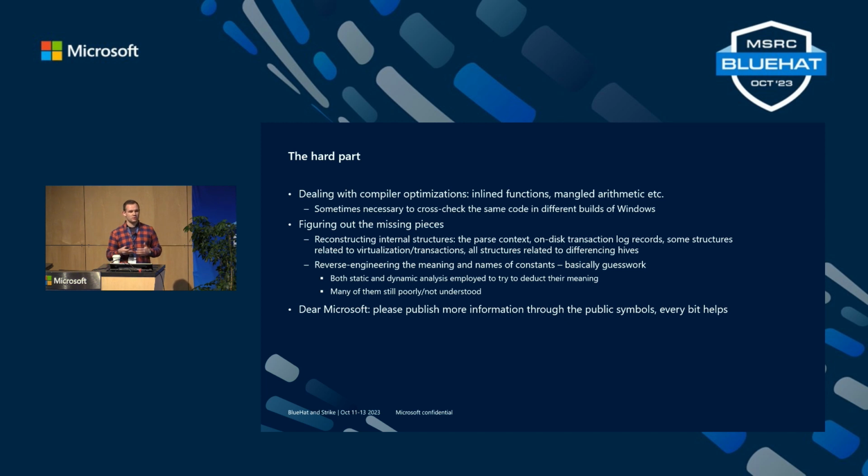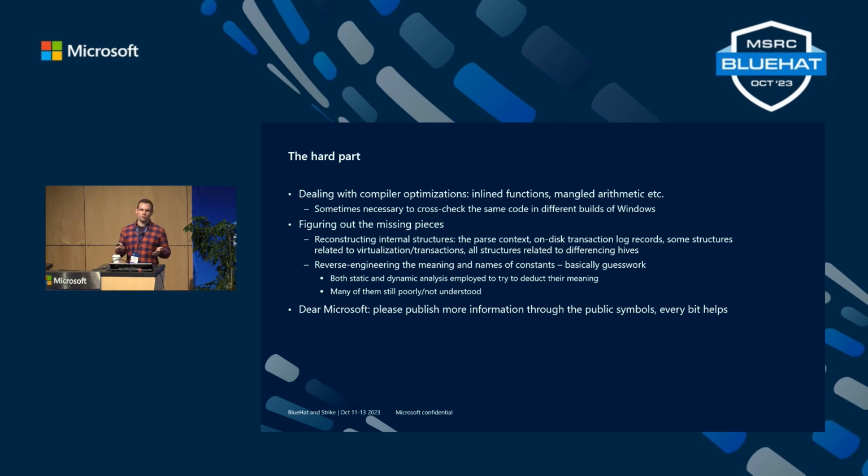And the hardest part of all, as in every reverse engineering process, is to figure out the missing pieces. As I mentioned before, not all of the internal structures in the Windows kernel are present in the public symbols, so you have to reconstruct your layout from scratch based on the information that you have.